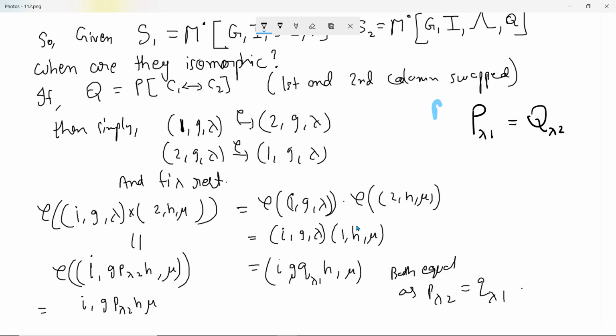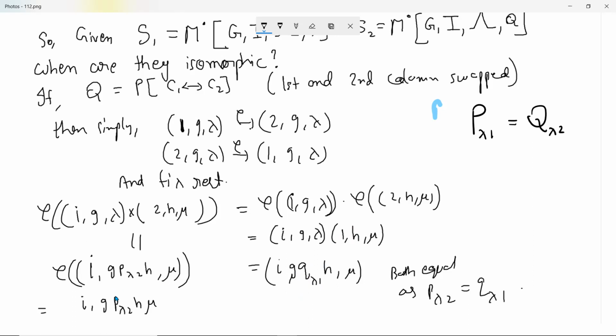But this 2 becomes 1, so this becomes Q lambda 1, but we know that this Q lambda 1 is P lambda 2, and so we get P lambda 2.